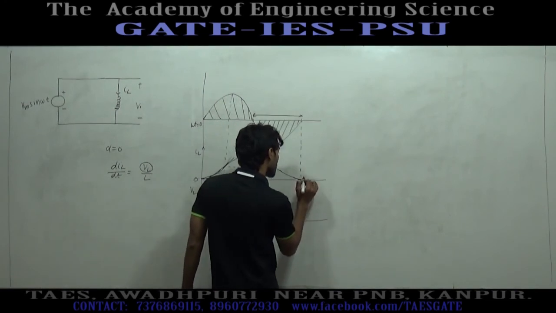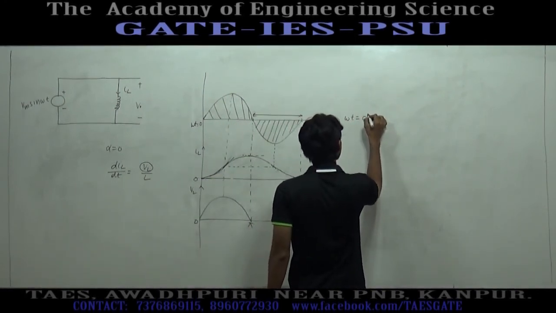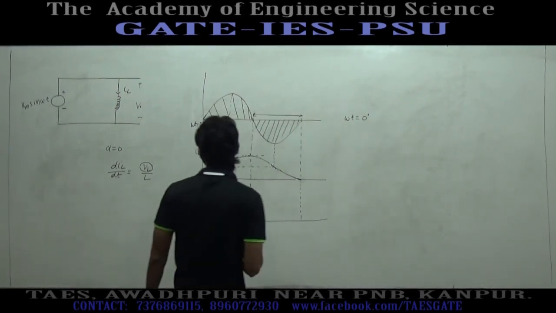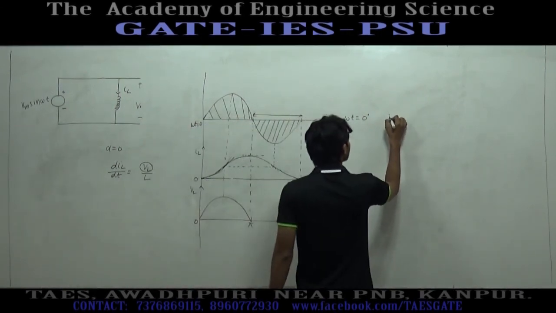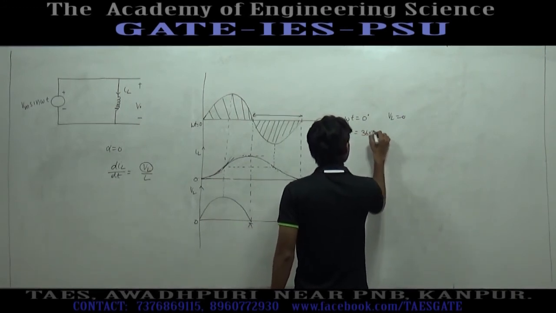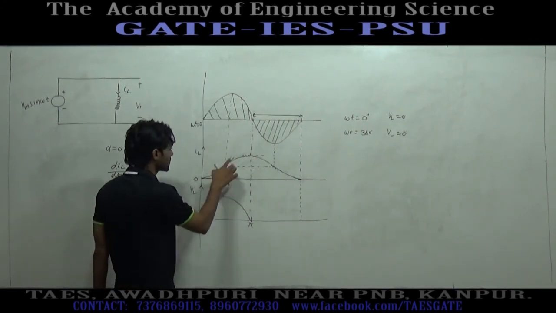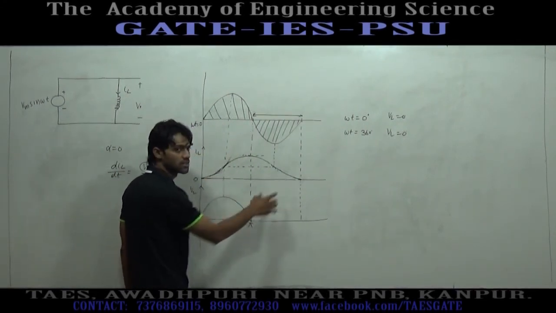So, at omega t equal to 0 degree, VL equal to 0, and at omega t equal to 360 degree also VL equal to 0, and current is conducting from 0 to 360 degree.